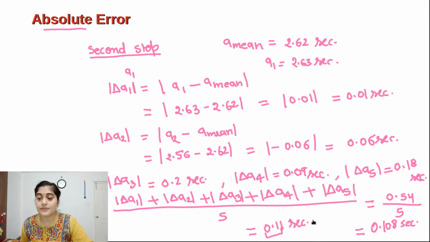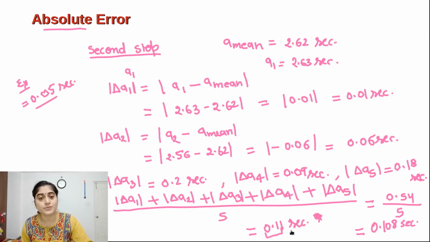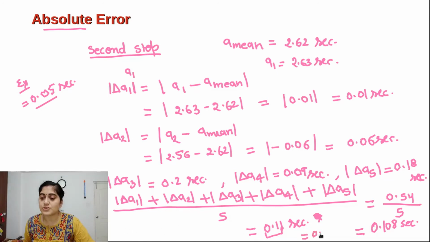For example, if you find this absolute error is 0.05 seconds, it will be in the 100th position and nothing in the 10th, so in that case we go up to the 100th position. But here one error is in the 10th position itself, so the error will be 0.1 second. Okay.